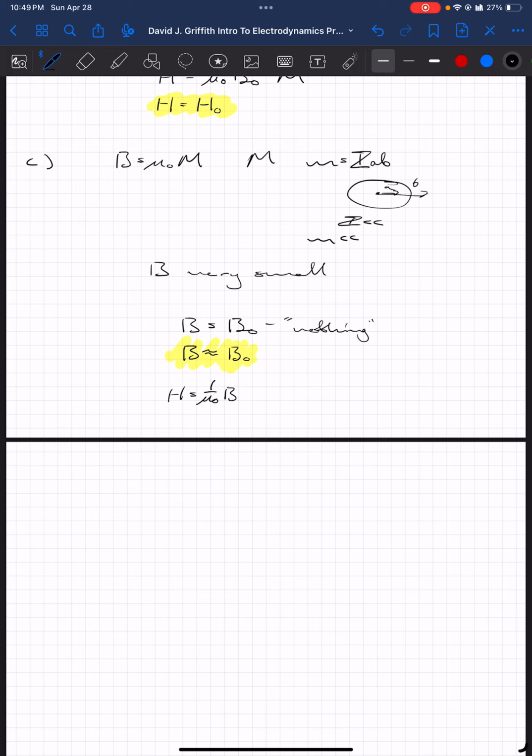So it's still just H is equal to 1 over mu naught B. So plugging that back in to find H in terms of H naught and M, our original given equation is H naught equal to 1 over mu naught B naught minus M. We'll see that this is still just H, so instead we get H naught is equal to H minus M, which when rearranged, H is equal to H naught plus M. So it's just the same as before, as this cavity has really no effect on our magnetic material.